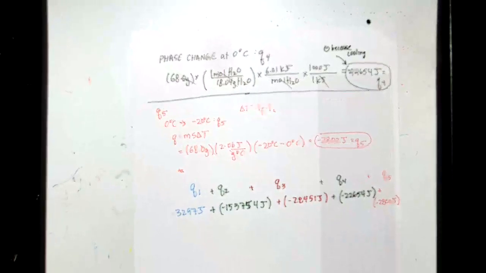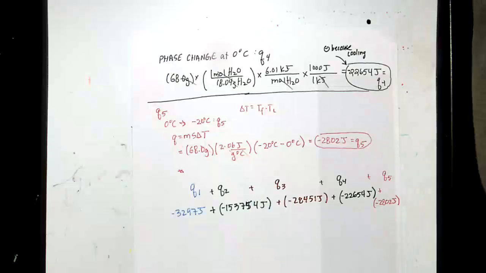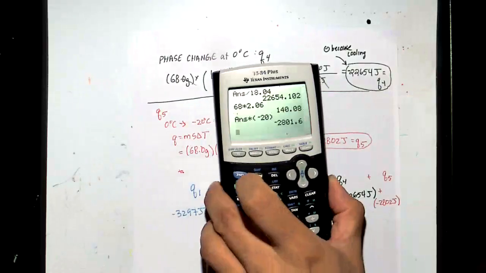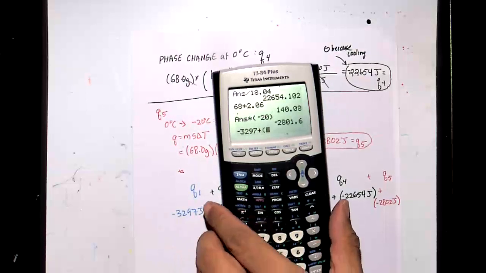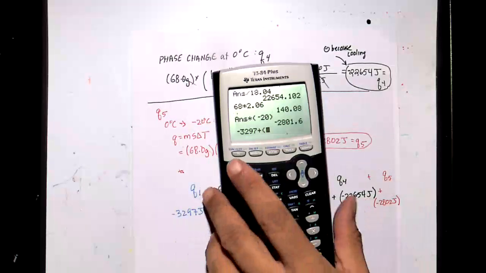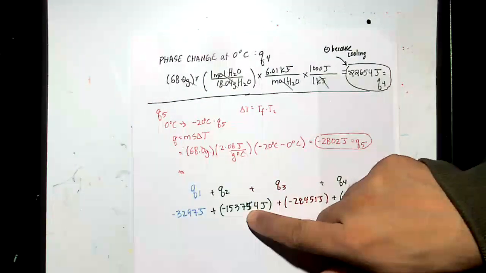Adding all of this up will give us the heat released when you take 68 grams of water at 124 degrees and then cool it to minus 20 degrees. Okay, this is how much heat is going off to the surroundings. So let's add this up. Minus 3297. Just be careful of all the math, because I'll make calculator errors just as much as anyone else.